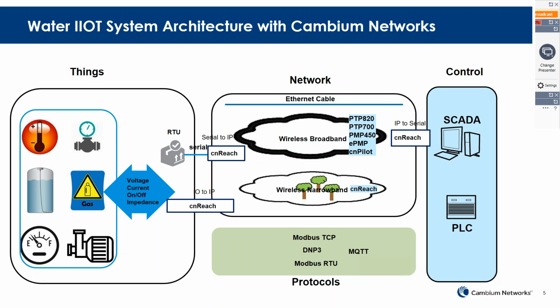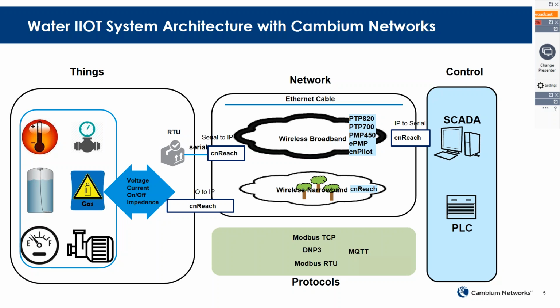So now the cnReach I/O module will take the voltage, the current, the impedance, the dry contact, the on or off switch into the I/O module, and make it ready for query by the SCADA master or PLC. For example, the cnReach actually can act as a Modbus TCP slave.